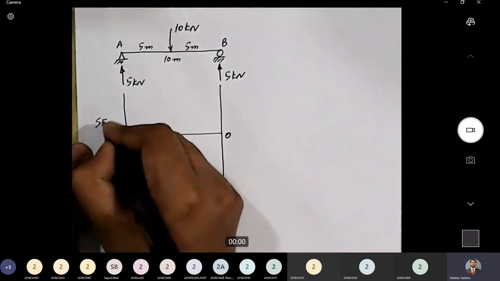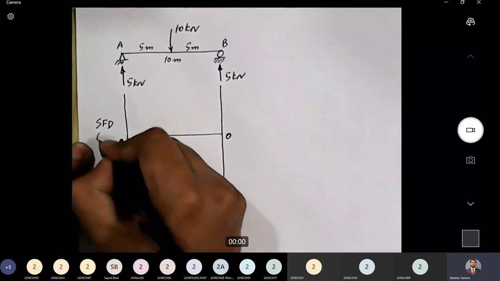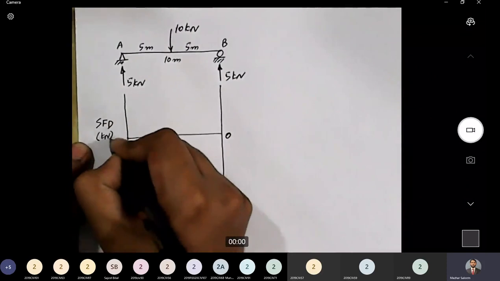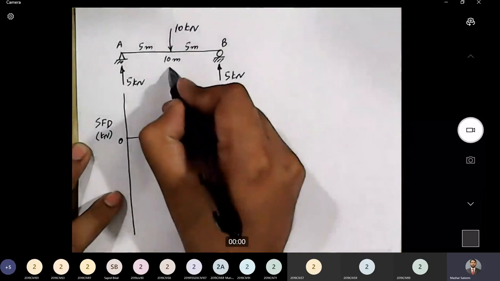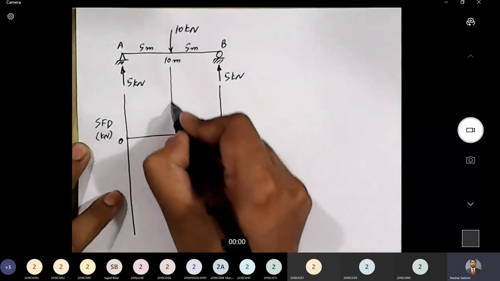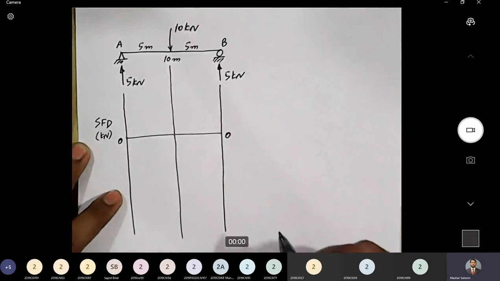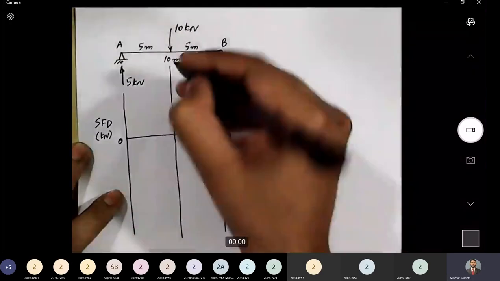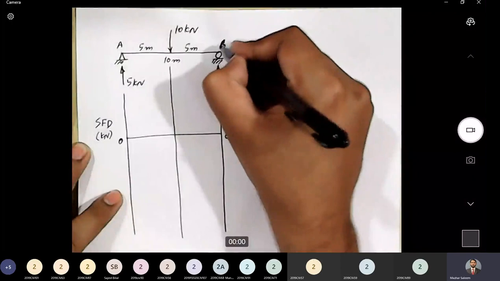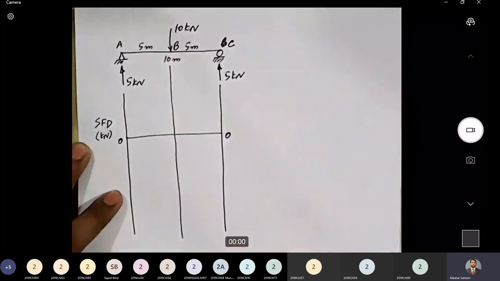We are going to draw the shear force diagram, abbreviated as SFD, and the units that we will consider are kilonewton. We will draw another guideline under the point load because there will be variation in SFD and BMD under this point load. What was our nomenclature? We did not call this point B, we call this point C, and this point is point B.